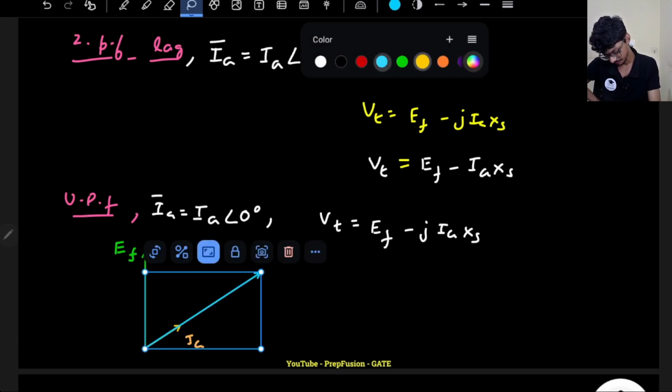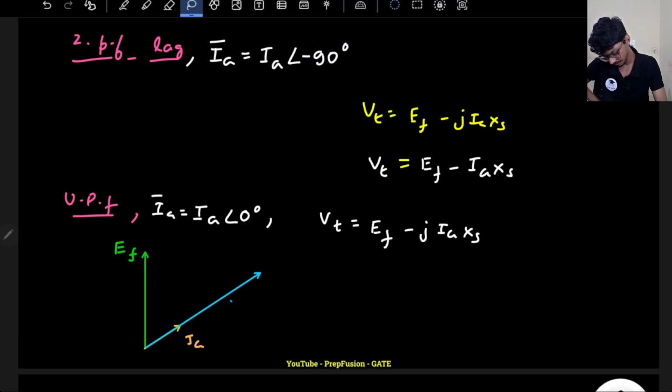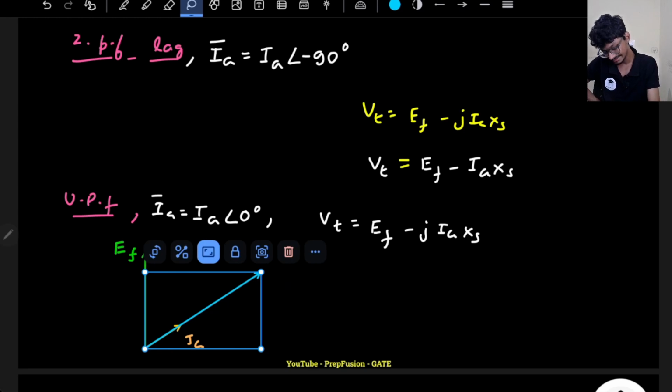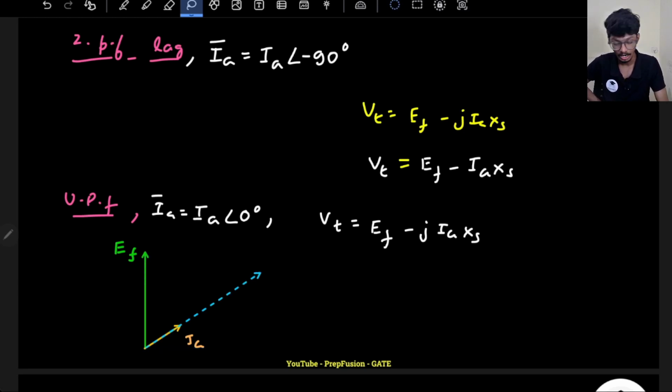So VT will be somewhere here. But exactly what is the length of VT? The length of VT will be determined by this equation. From EF I have to subtract j IA XS. J into IA will be this, but I have to subtract, so I have to draw the vector in the opposite direction from this point.